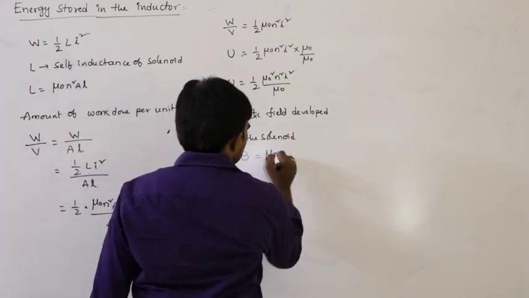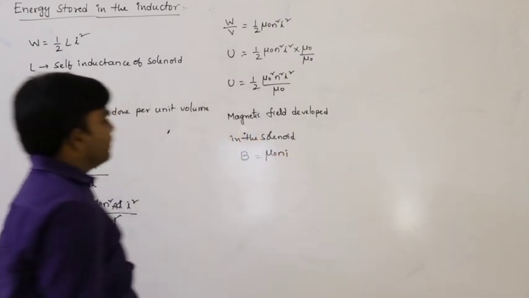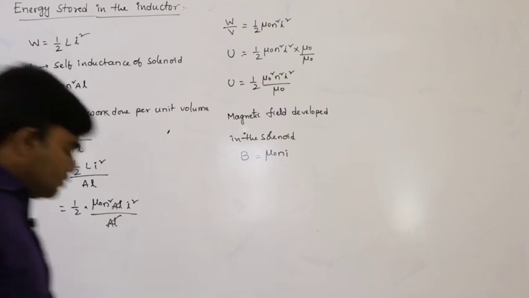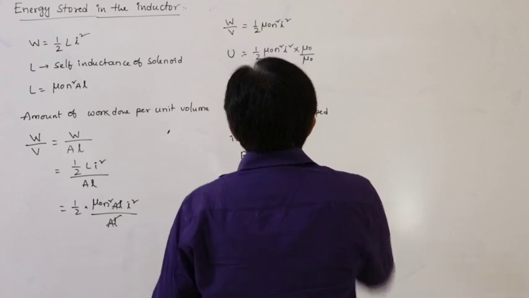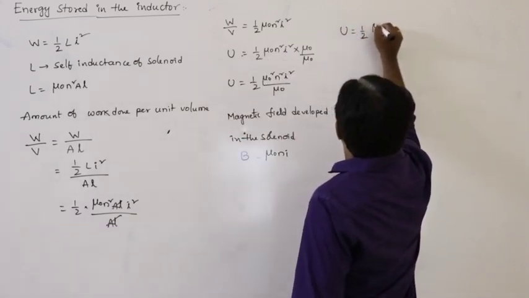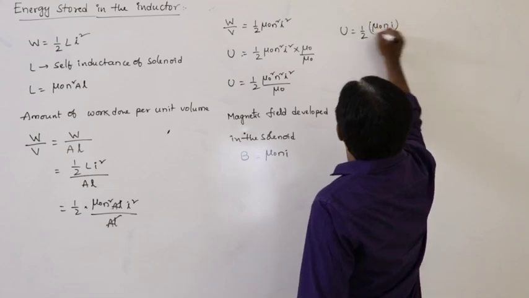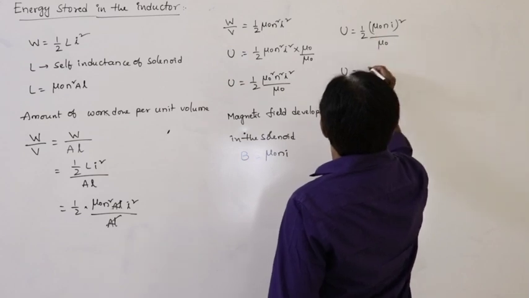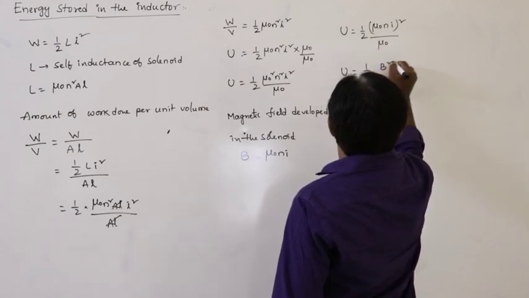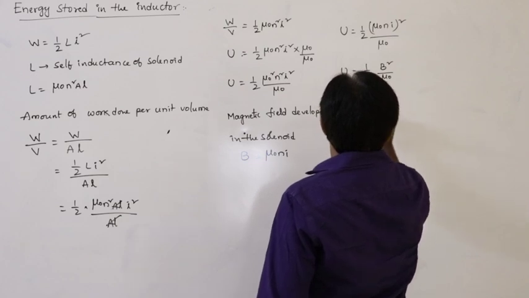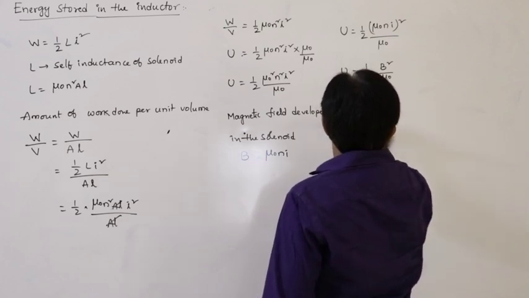B is equal to mu naught N I. So from this you can write it as half, mu naught N I whole square divided by mu naught. So U is equal to half into B square by mu naught. So U is equal to B square by 2 mu naught.